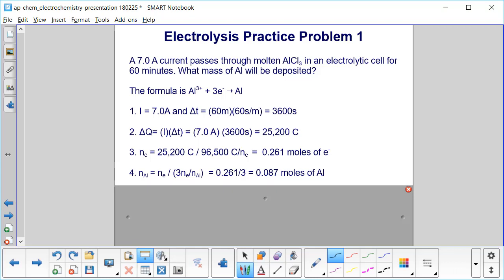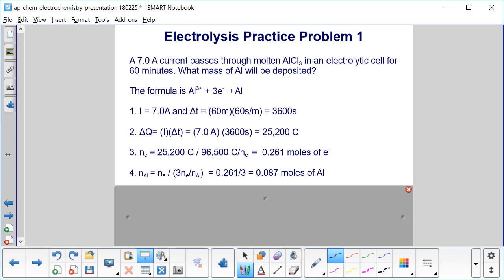Now, we use the stoichiometry of this formula at the top to say that the moles of aluminum are equal to the moles of electrons divided by 3, because there's 3 times as many moles of electrons consumed as there are aluminum moles produced.